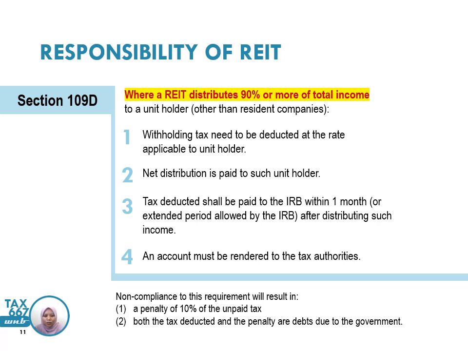And second one, both the tax deducted and the penalty are debts due to government. So, dia jadi macam dah berhutang dengan kerajaan lah. Selagi you tak settlekan berapa amount of tax added with amount of penalty, you dikira sebagai orang yang berhutang dengan kerajaan.